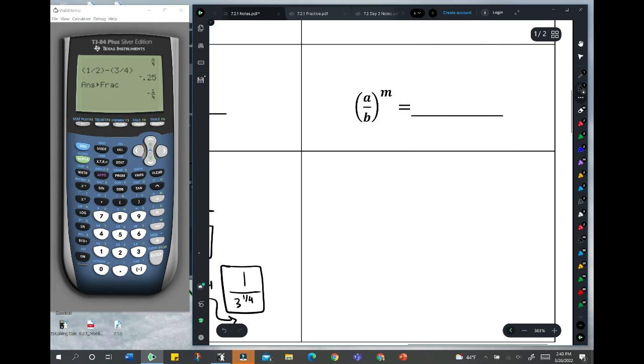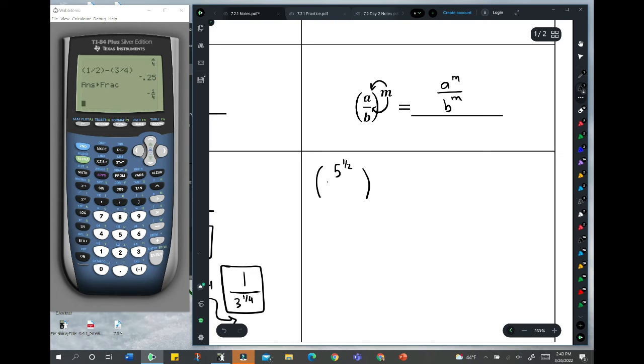Our final property to recall is division, but distributing the exponent. So a to the m all over b to the m. We're going to dive into a fraction property here.